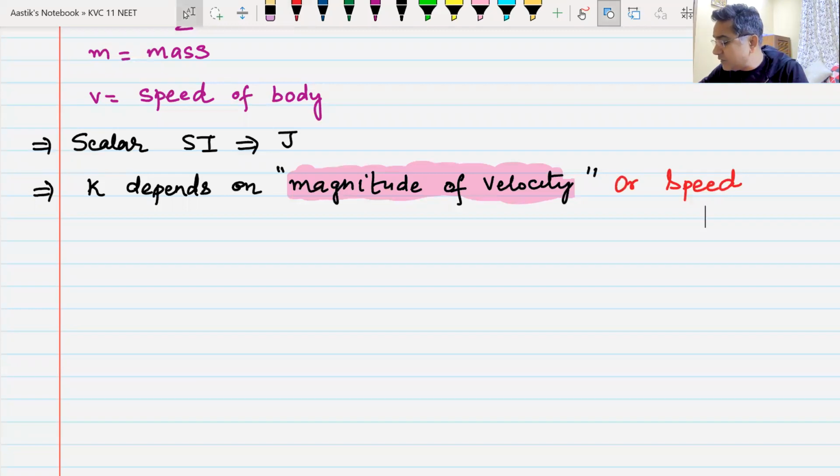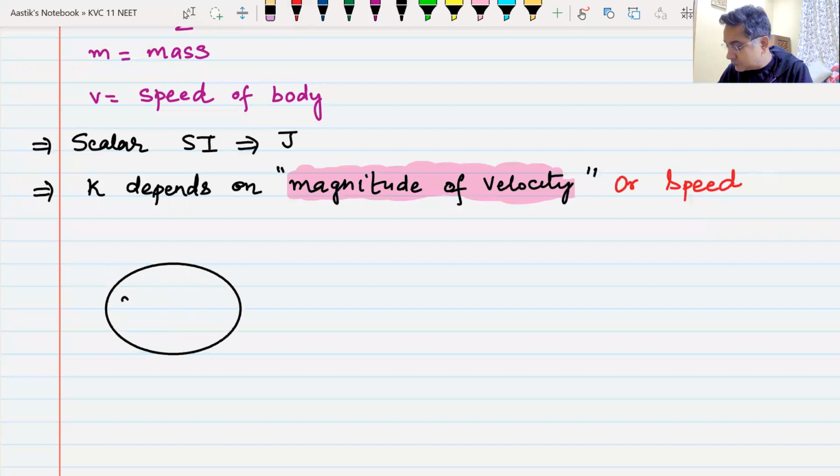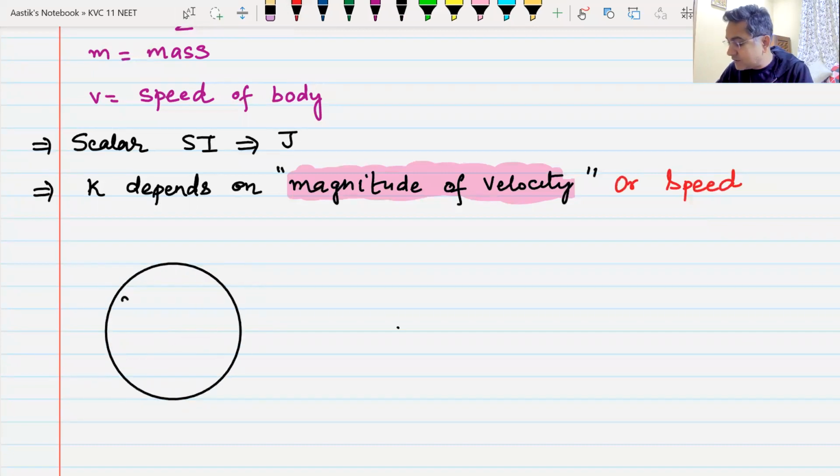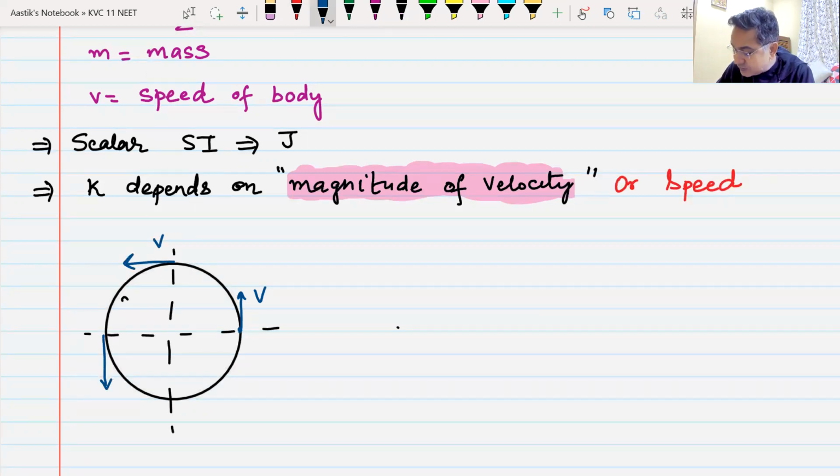Now, just to give you an example, if a body is moving in a circular path, in uniform circular motion, here the velocity is v like this. At this point, the velocity is v like this. At this point, the velocity is v like this.